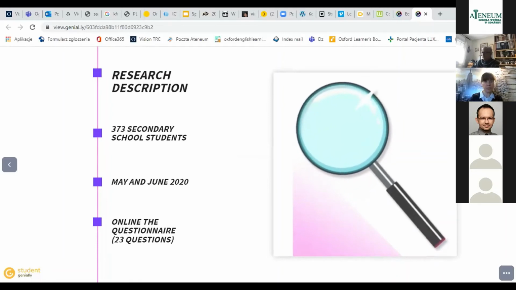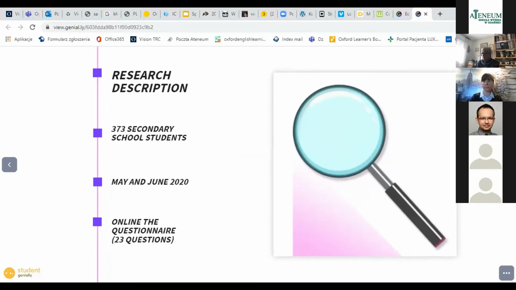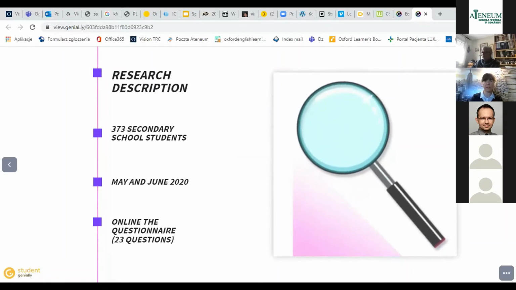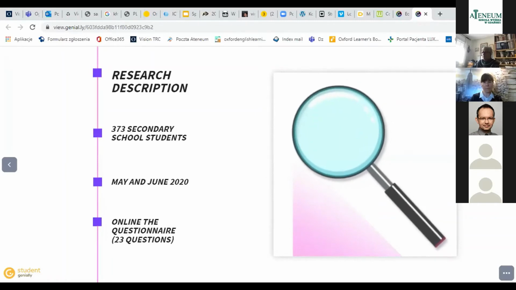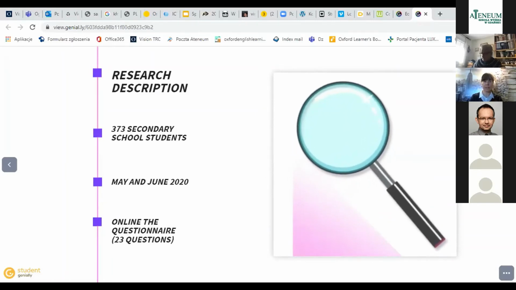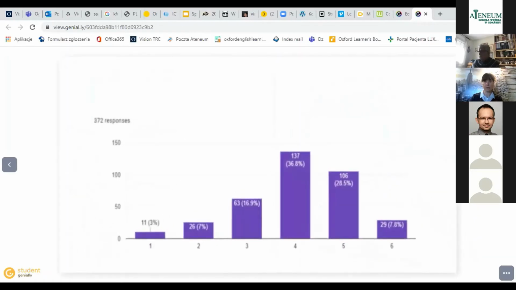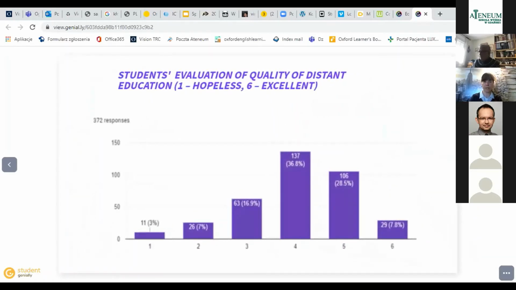In my research, I managed to get responses from almost 400 school students. These were secondary school students from the north of Poland. The research was conducted in May and June of 2020, and it was performed in the form of an online questionnaire consisting of 23 questions.